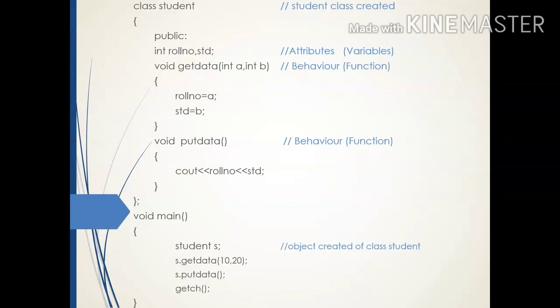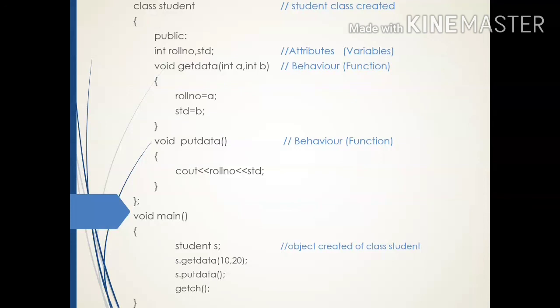Now see the example. Again here I am creating one class. That class name is class student. Here I am having 2 attributes of student, that is roll number and standard, and I am having 2 behaviors, behavior is nothing but function, that is get data and put data.